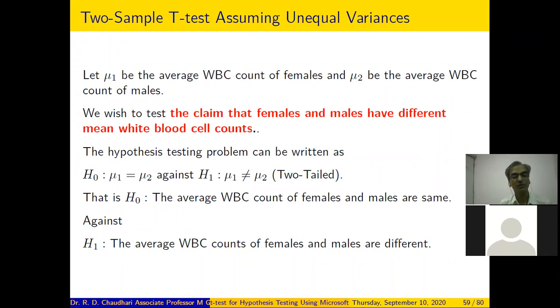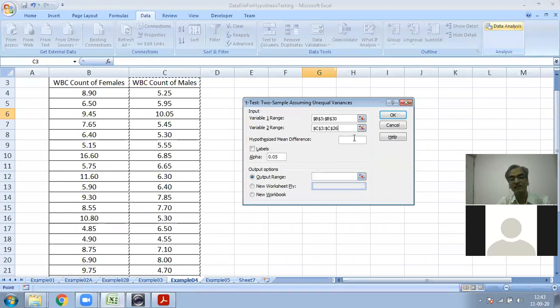So mu1 equal to mu2 means mu1 minus mu2 equal to 0. That means under the null hypothesis, the difference between the means is 0. That is, the hypothesized mean difference is 0. So in Excel here we have to specify the hypothesized mean difference as 0.